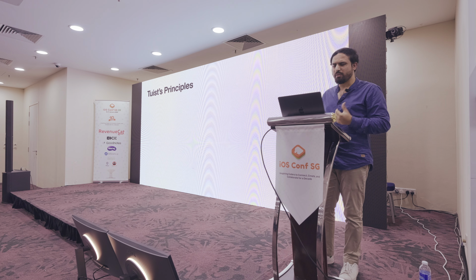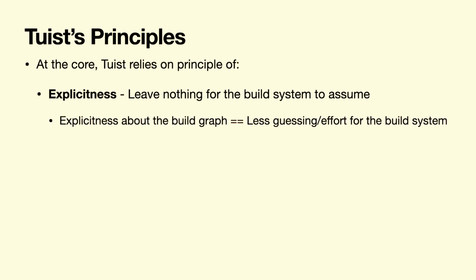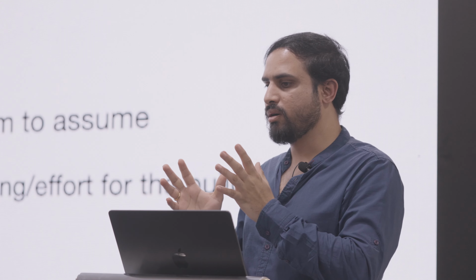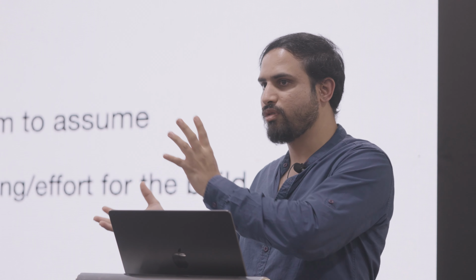And some of Tuist's principles, and the way that it has been built, is that at the core, it relies on explicitness, right? It leaves nothing to the build system to assume, which is a good thing, because if you have had experience in the past, you might have seen that when you run something, it works, but then you clear derived data, it stops working, or vice versa. So things could happen that way. And all of this is because the derived data folder basically is more like a global namespace for Xcode.